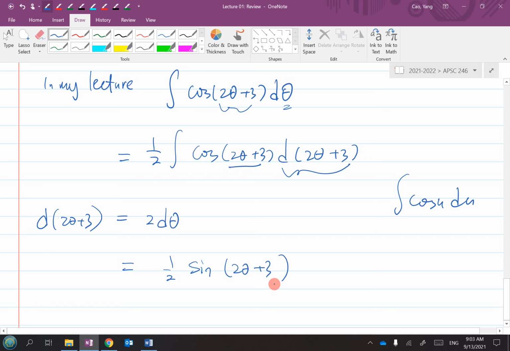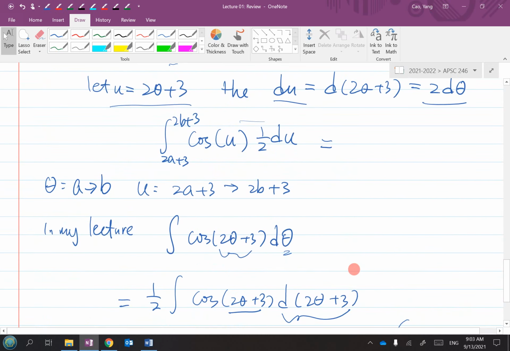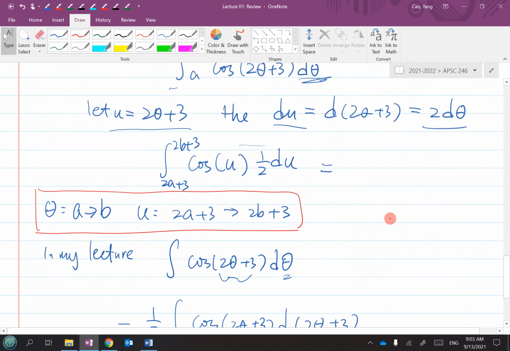Now, you might ask, what's the advantage of doing this? The advantage is you save yourself a step. In the traditional substitution, you let u equal something, and when you convert to u at the end, you have to substitute new integral limits based on the u variable.